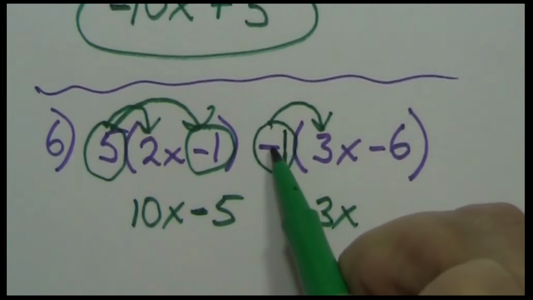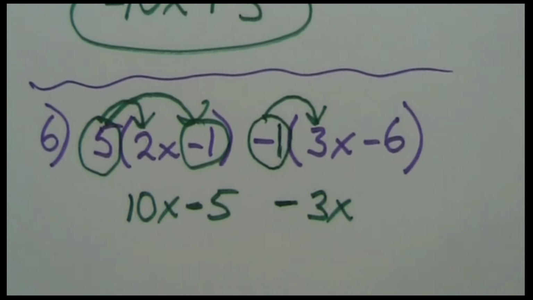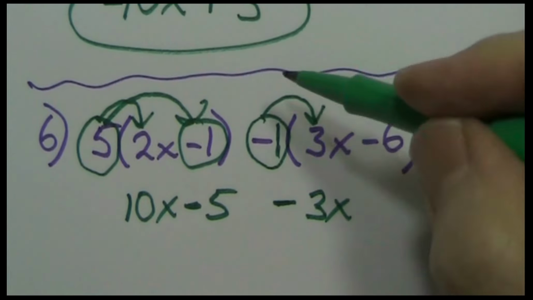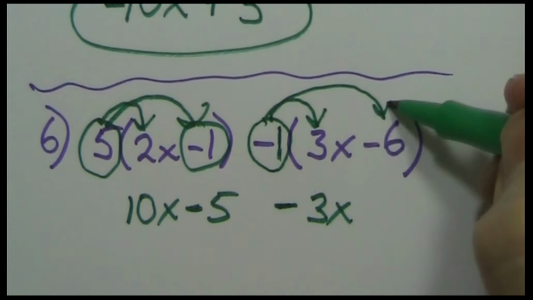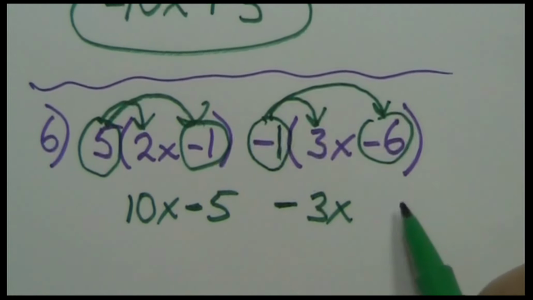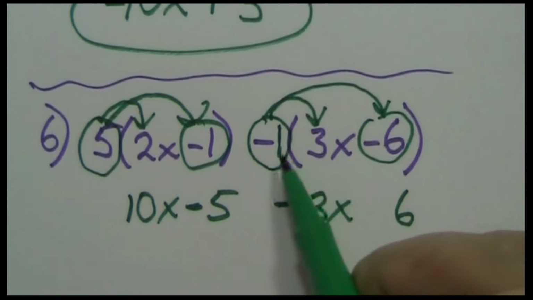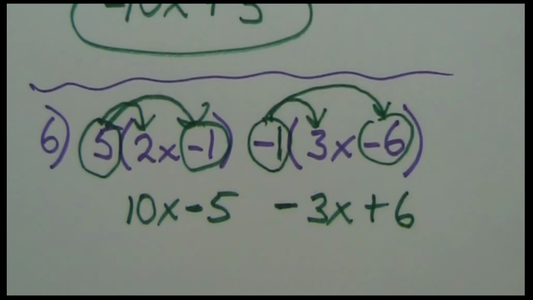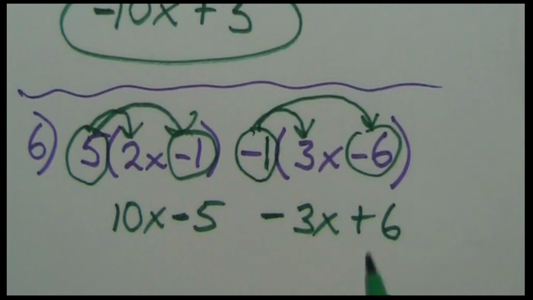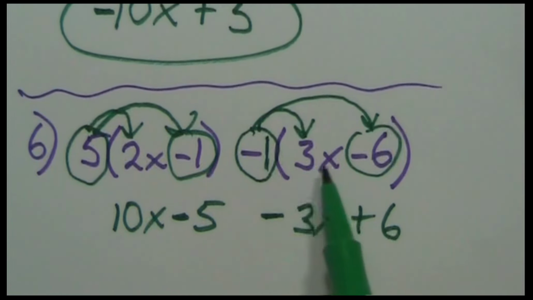And I'm multiplying with 1 negative, so it's minus 3x, or negative 3x. Then I have negative 1 times negative 6. 1 times 6 is 6. But I'm multiplying 2 negatives. They cancel. That's a positive. So did you notice how that minus in front changed the sign of everything inside?